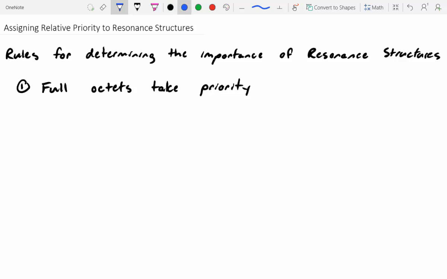Let's take the example we looked at last week, carbon monoxide. So CO. We could draw out CO like this. What would the charge be on the carbon? Negative, which means our oxygen is going to be positive. Let's determine if there's a resonance structure for this.